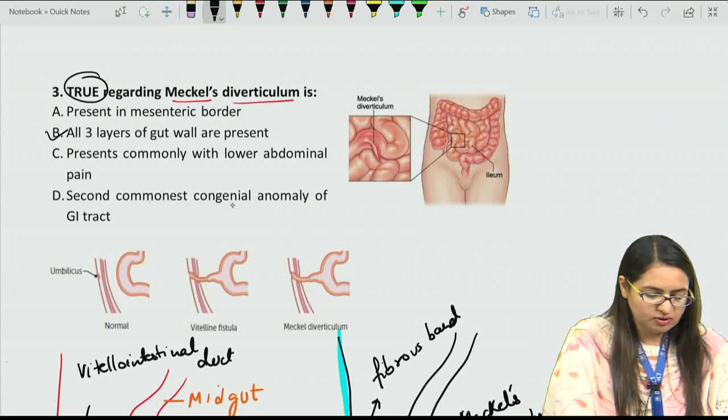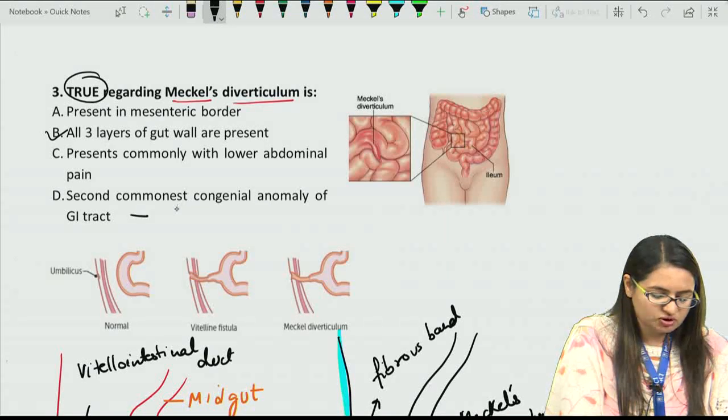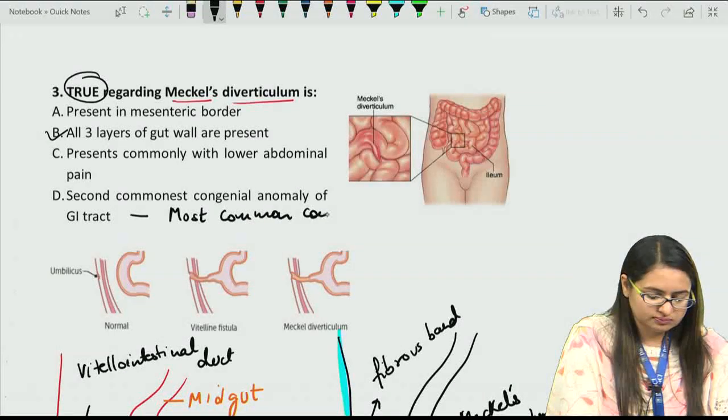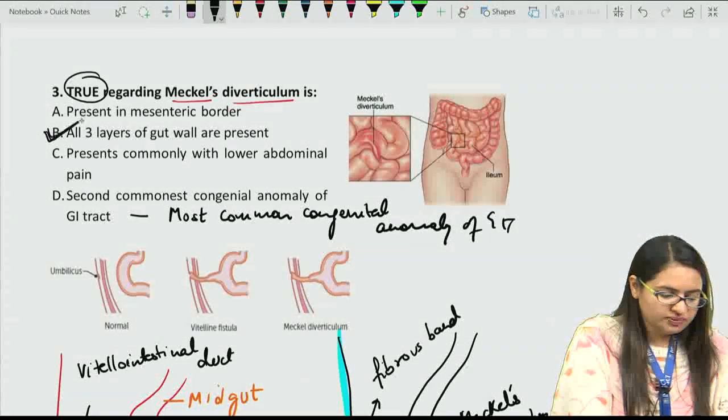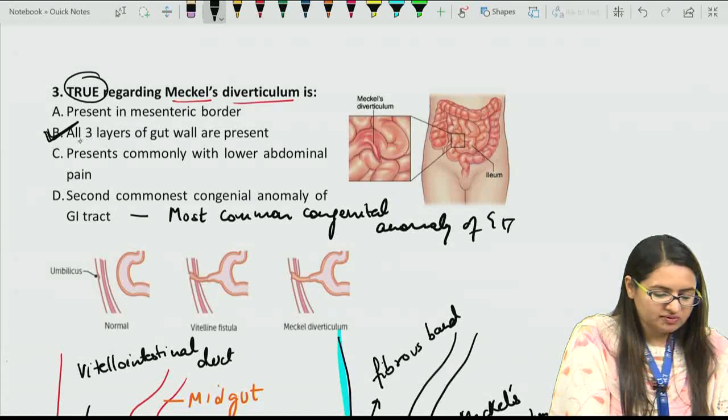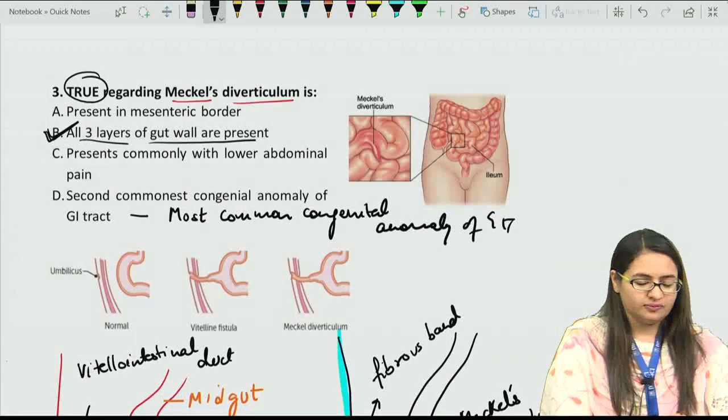Then D says it is the second commonest congenital anomaly, but it is the first, or the most common, congenital anomaly. So the answer for this question will be B, which is true, that it has all 3 layers of the gut.